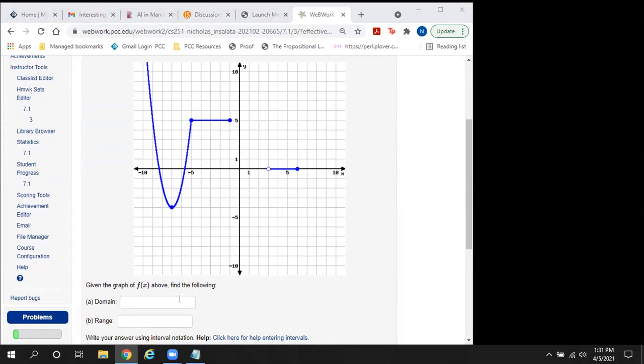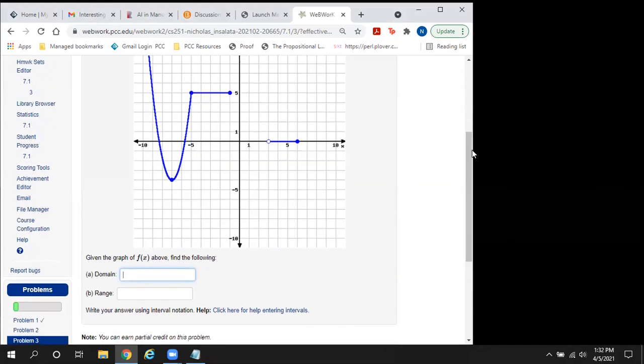So what's the domain? Cool. Okay. So what's the domain here? What inputs from the x-axis are going to give you a valid output? And so what are going to be valid inputs to this function here on the x-axis?